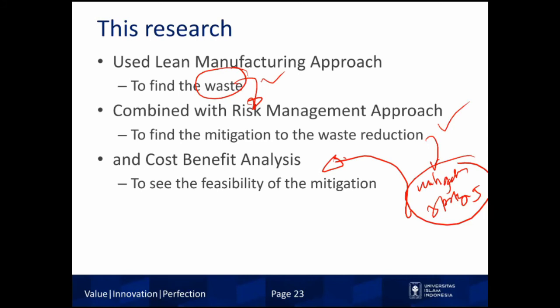If the cost of the mitigation strategies is higher than the consequences of the risk, it means that the mitigation strategies is not feasible to do. But if the cost of mitigation strategies is much lower than the consequences of the risk, this is a good sign that the mitigation strategy is feasible to do.